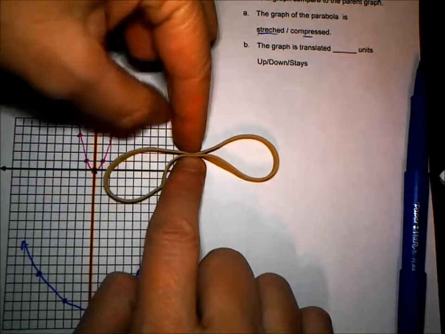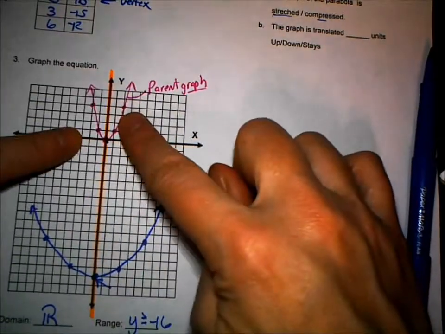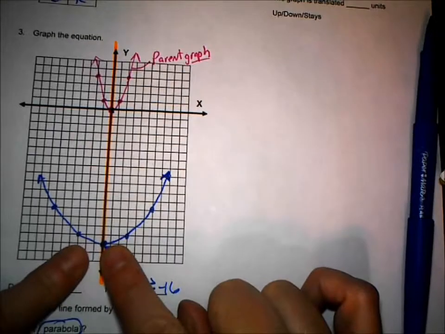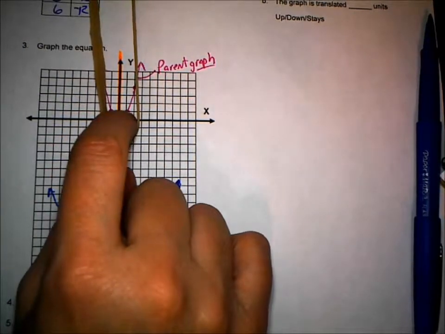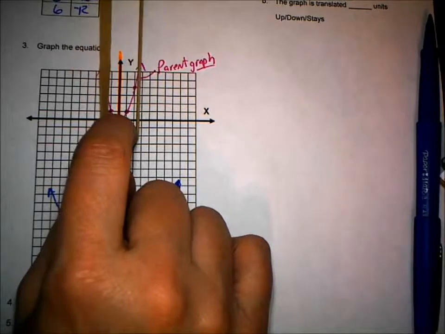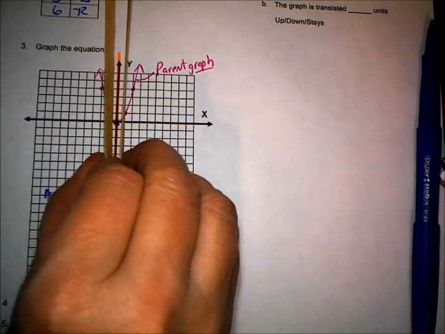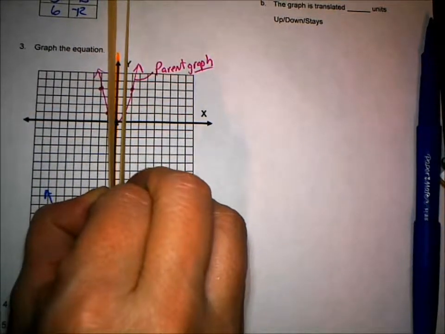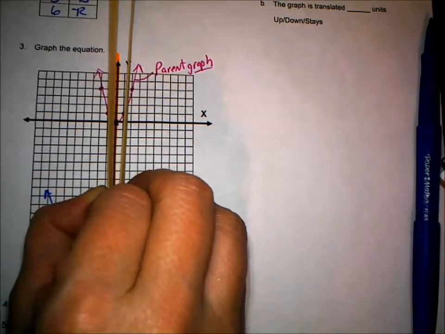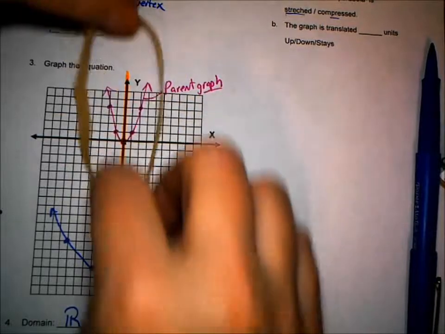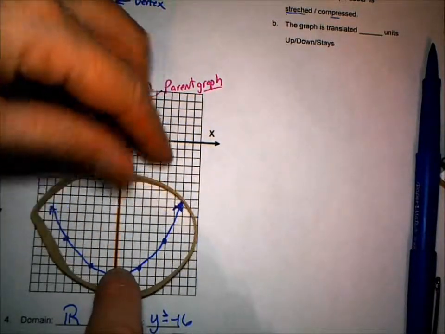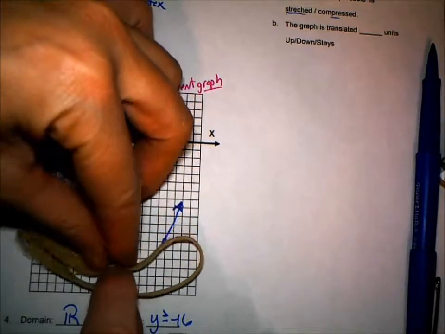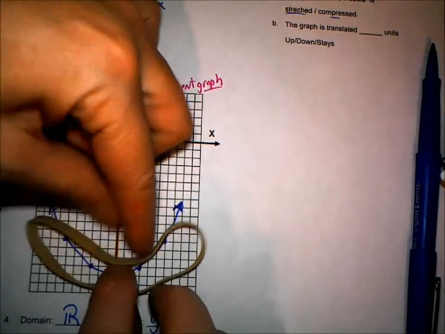this aspect here. Okay? So if I look at the parent graph to this graph, the parent graph is the normal one. It's the perfect graph. And as it gets more and more stretched, it's getting skinnier and skinnier. It's getting really, really narrow. And if I look at this graph, if I was to slide it down here to get it to go out, that means I'm having to push this down to model this particular picture.